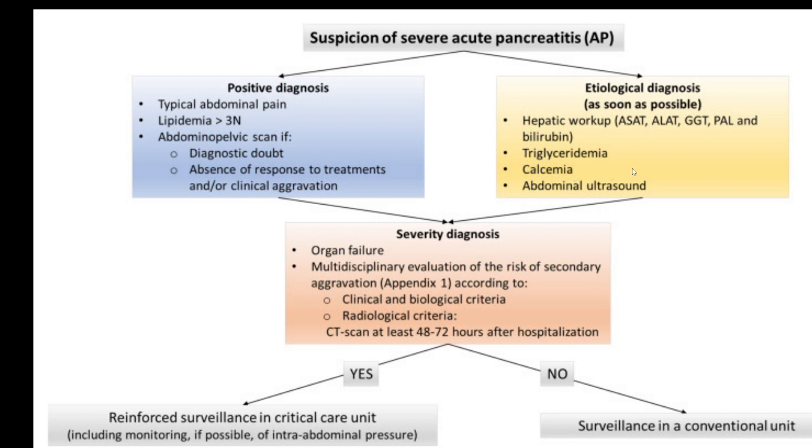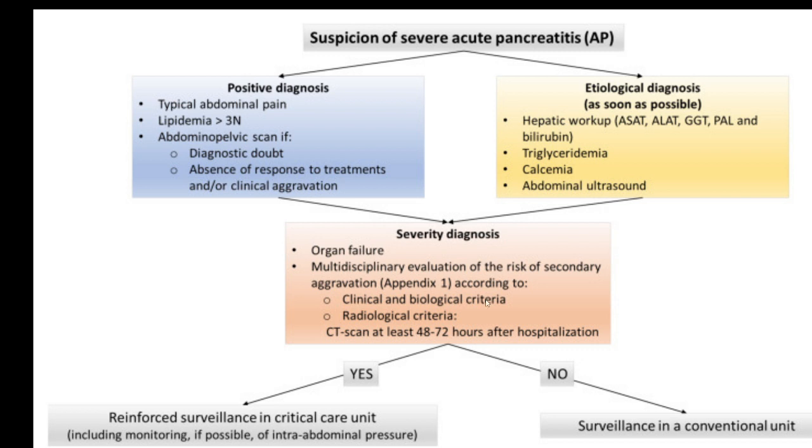These also have to be ruled out, and they help to make the diagnosis. Once you have made the diagnosis, you have to determine the severity index. If the condition is severe, there is a possibility of organ failure, and the patient has to be treated with a multidisciplinary approach and shifted to ICU.